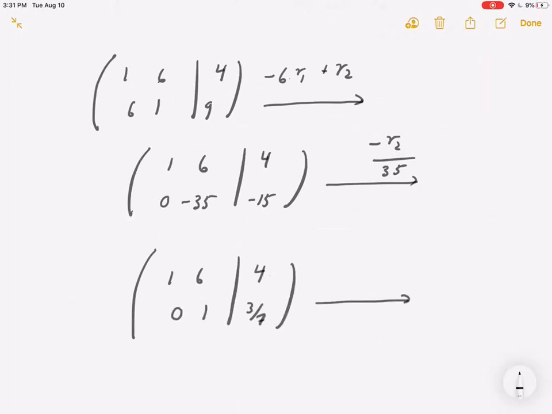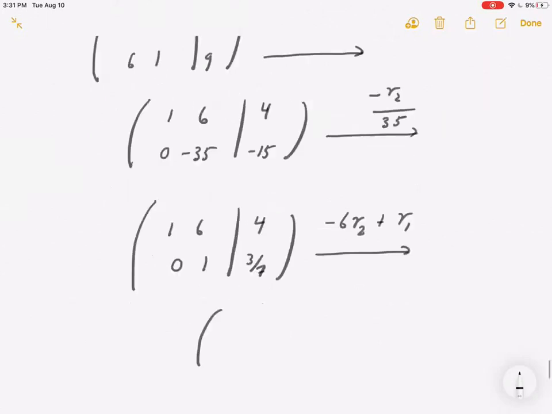Now let's take a copy of row 2, multiply it by -6, add that to row 1, and that will become the following.